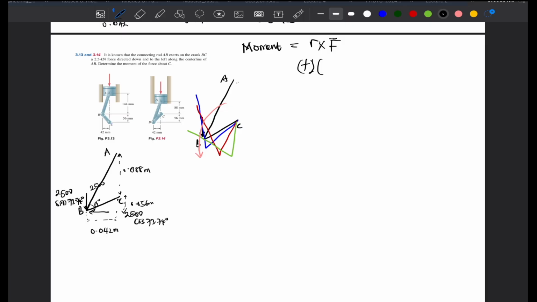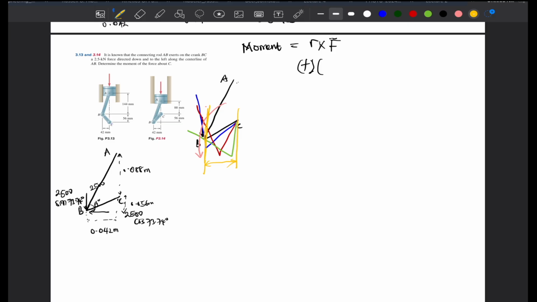Our distance is, like we said, to calculate our perpendicular distance, we're going to take a parallel along the application of this force and a similar parallel at C. We'll look for the distance between them.